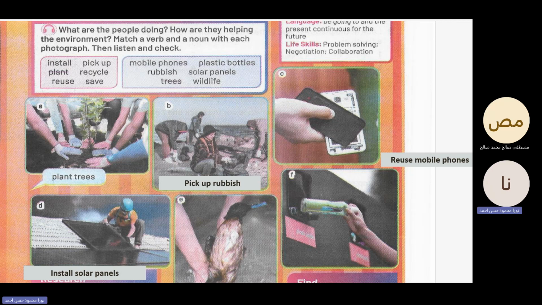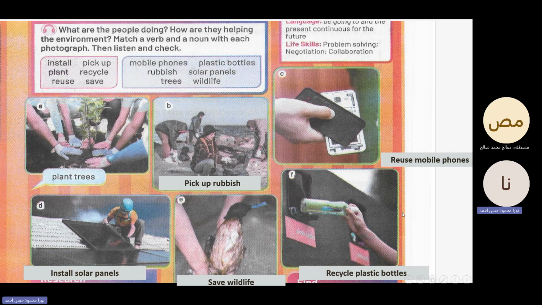Okay, what about here? E, what do you think is happening here to this bird? Why is the girl or the man here holding the bird? I guess, yeah, he's saving wildlife. Maybe the bird is hurt and the man here is a vet that is trying to help the bird. Okay, what about the last one here? Yeah, recycle.